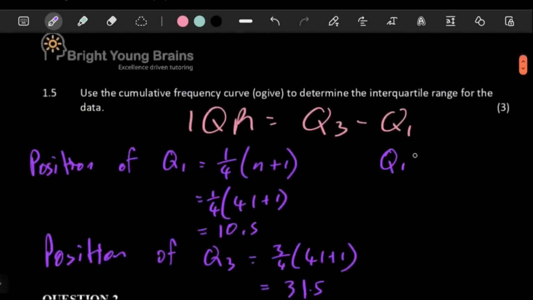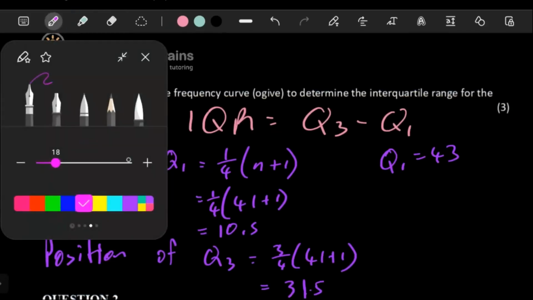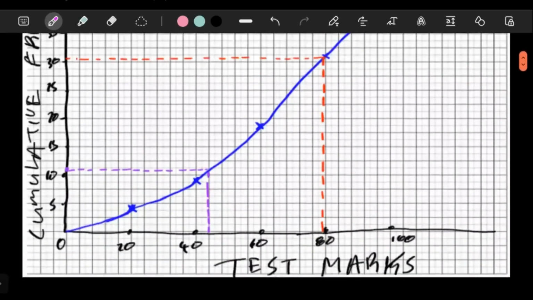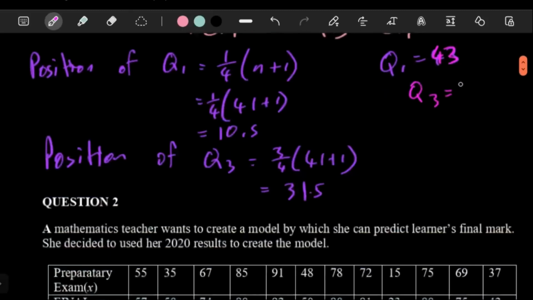So Q1, we're seeing it as like 43 according to the data over there. And then Q3 seems to be just before 80, which is like 79. So therefore the interquartile range is 79 minus 43. 79 minus 43.